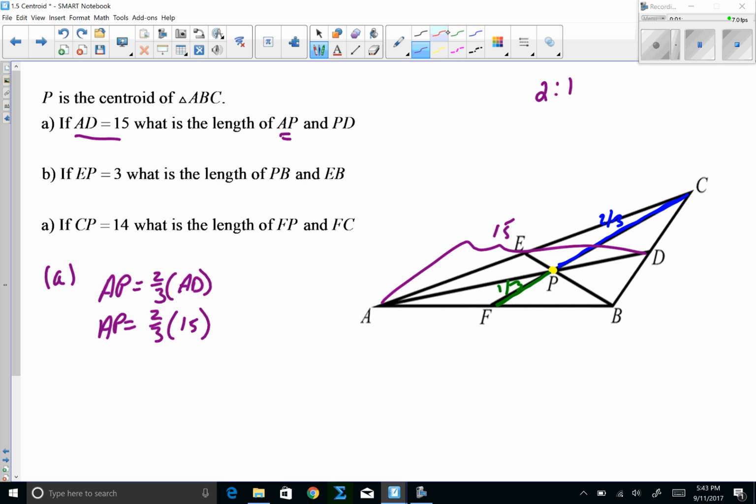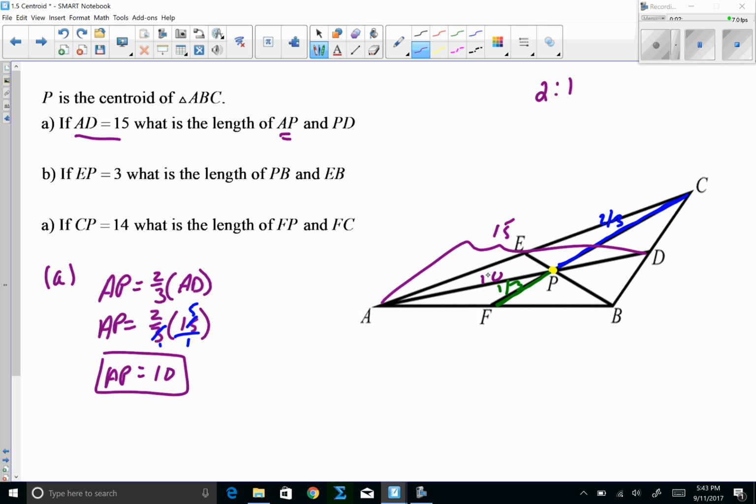Now all I have to do is multiply those two numbers together. If you're doing it in your head, I can simplify this to make my life a lot easier. So AP is going to be equal to 2 times 5, which is 10. So the portion of the median AD from A to P is in fact 10 units long.